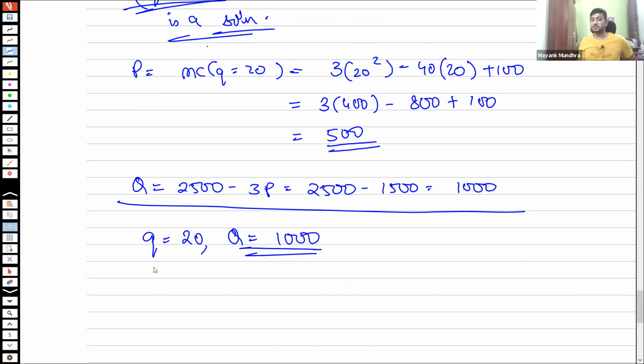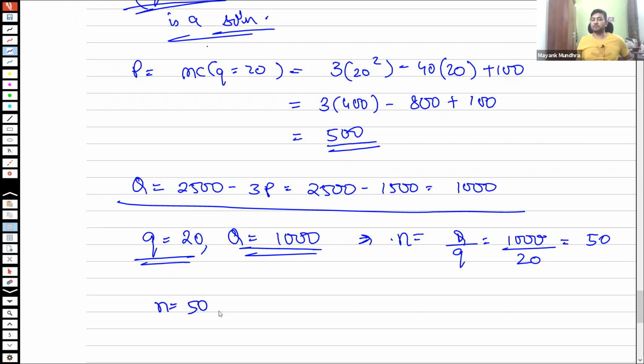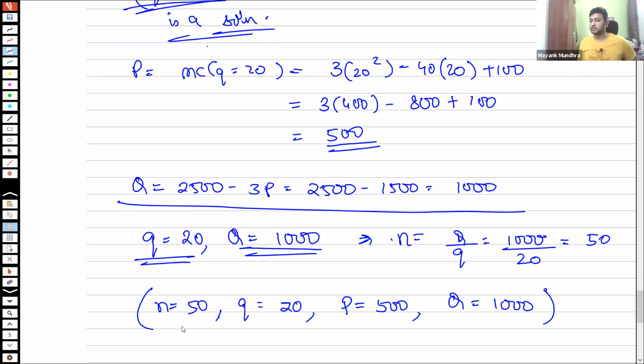Total quantity produced is 1000, and the quantity produced by one firm is 20, which implies the number of firms must be capital Q divided by small q, which is 1000 divided by 20. So n equals 50. So 50 firms are producing a quantity of 20 each in a market with price 500, which has a total demand of 1000. This is everything I need from this particular problem.